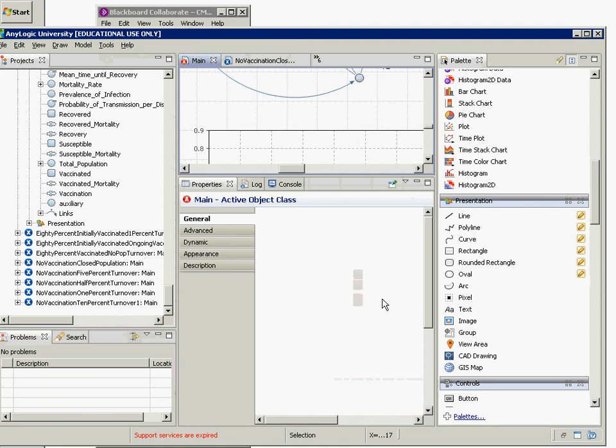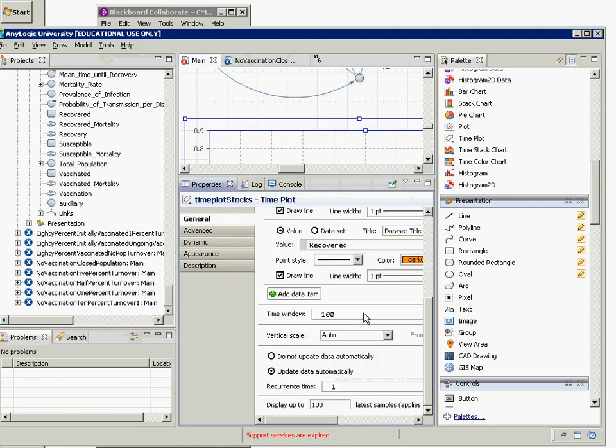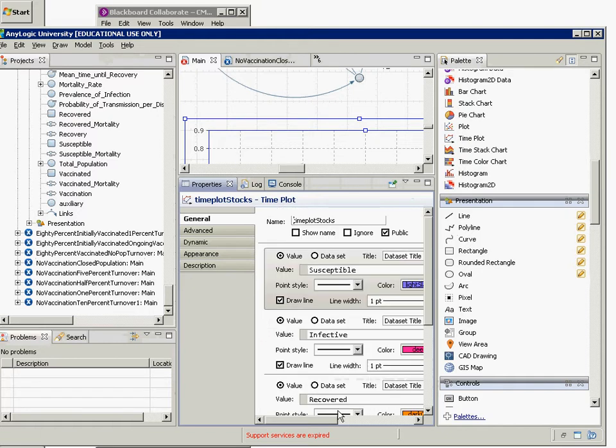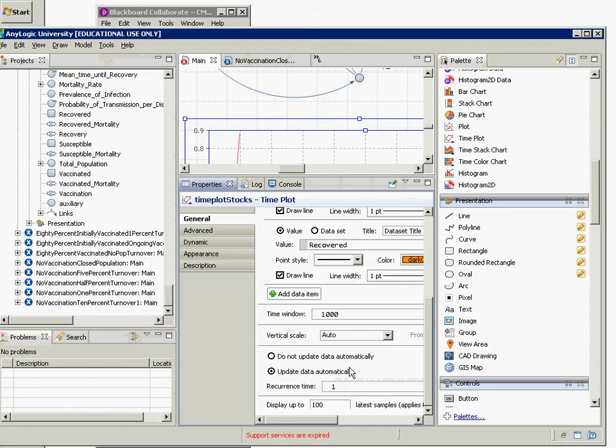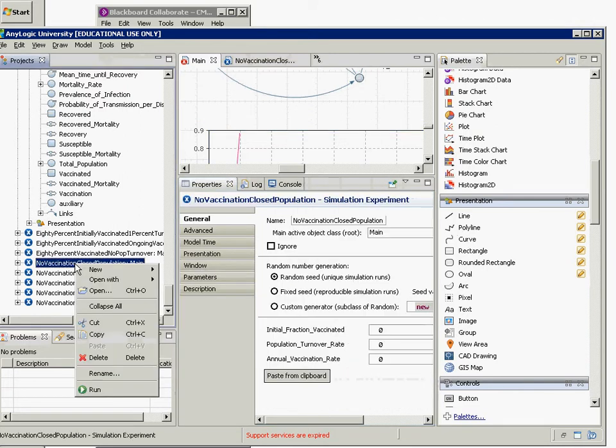So I'm going to go and adjust this so that the time window is of length, I think I told it to be of length 500, but basically anything that's that or above. It's set to update automatically every one time step, and I want it to display up to 1,000 of the most recent time steps. Okay, great. So I just added that time plot.